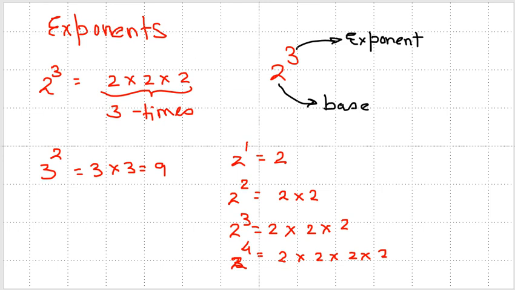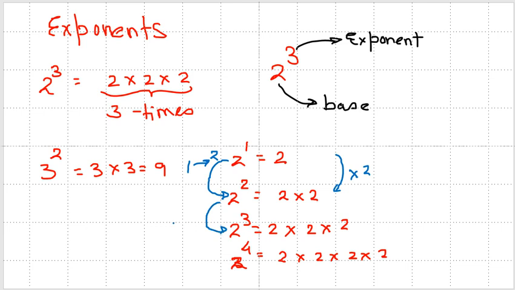Notice what is happening: each time you increase the exponent, you multiply by 2. When I increase the exponent from 1 to 2, I multiplied by 2.